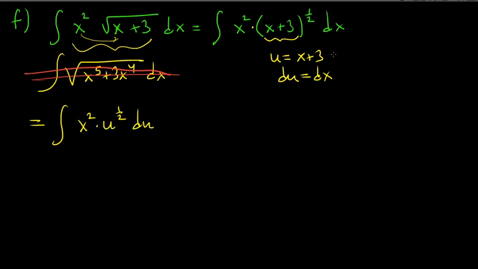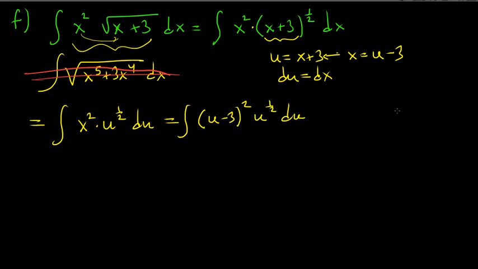So what can I do? Well, I know what x is. It's just u minus 3. So I can plug that in here and change x to u minus 3. And now everything is in terms of u.